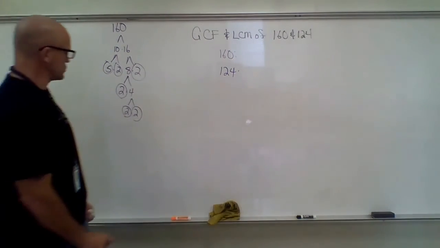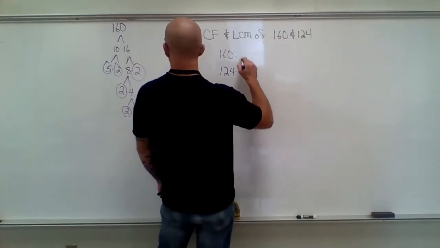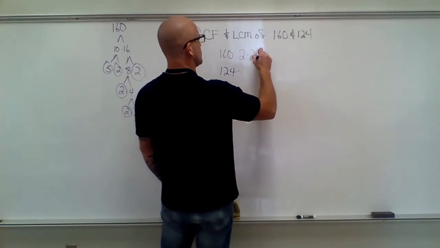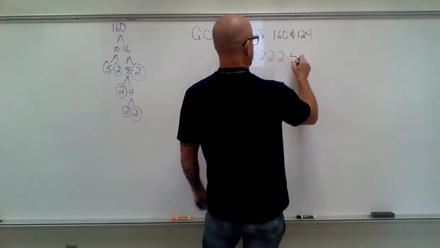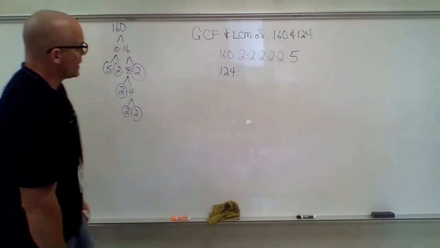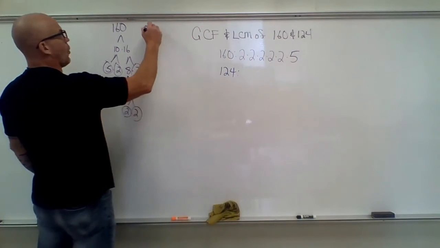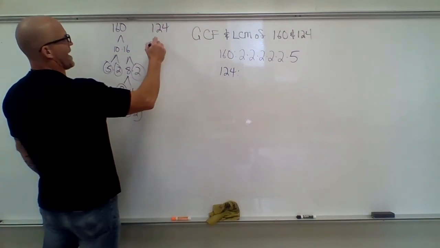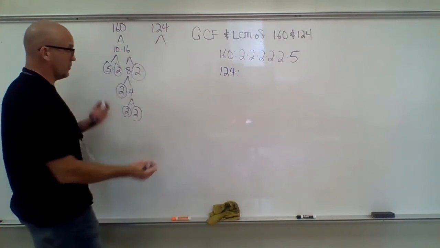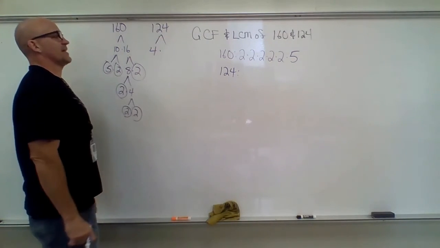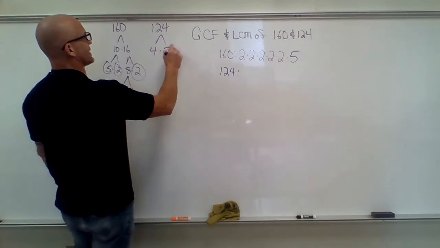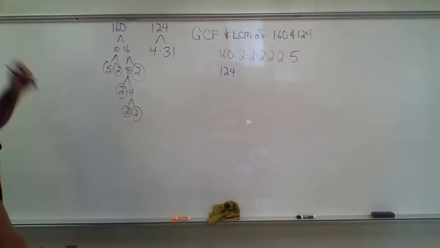Wow, there's a lot of 2s. 1, 2, 3, 4, 5 2s, and a 5. Cool? So now I'm going to go ahead and do 124. That guy ends in a 4, so it probably has a factor of 4. So let's go 4 times, and I think that would be 31. Correct? 4 times 31.